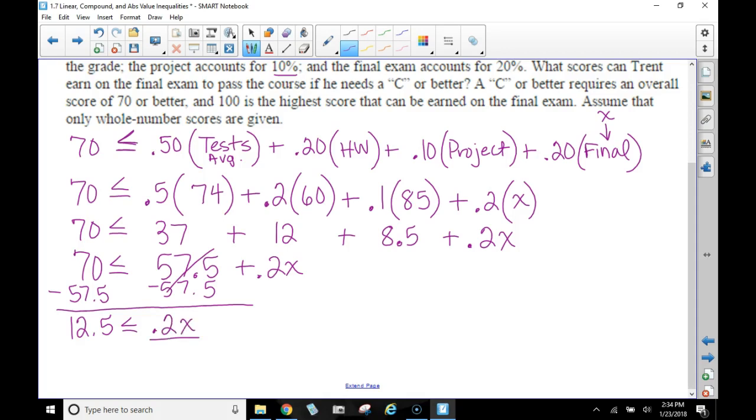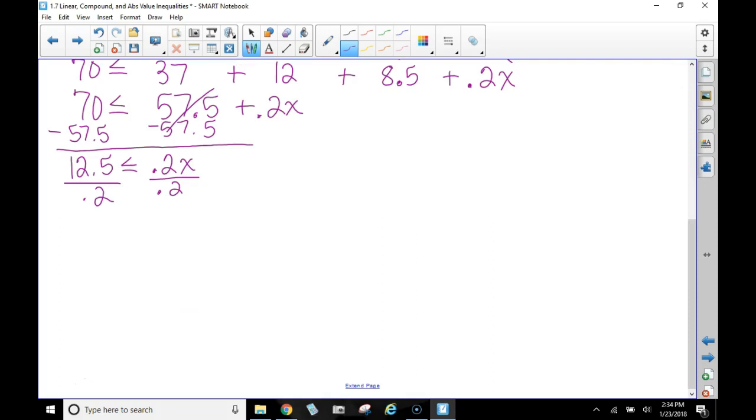Now I'm going to divide both sides by 0.2. And so, the score on his final exam needs to be greater than or equal to 12.5 divided by 0.2, which is 62.5. Okay? So he needs to make at least a 62.5.